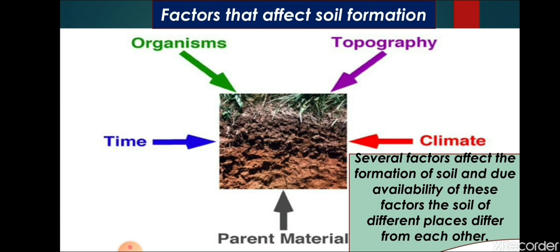Parent material means parent rock, the main rock piece from which the soil is forming. Organisms also play an important role. Organisms help provide proper nutrients. We all know that the microorganisms present in the soil increase its fertility, so the quality of soil also improves with the help of microorganisms that live under the soil.